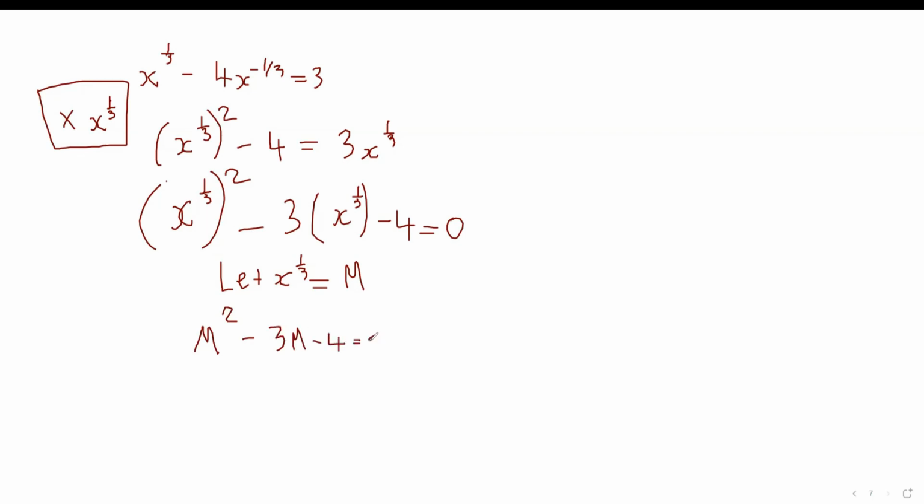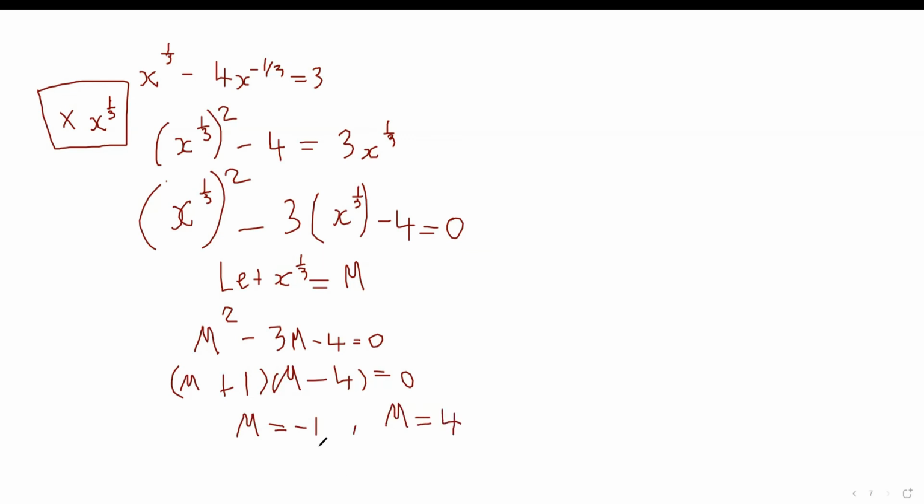So now time to what? Yes, factorize. So now we would factorize, and what we're going to get is, this is now m, this is now 4 and 1. Signs are different. The greater product is negative, so this is minus and this is plus. So that means that m equal minus 1, and this means that m equal 4.